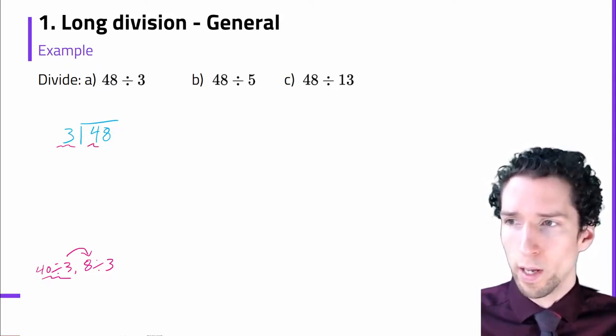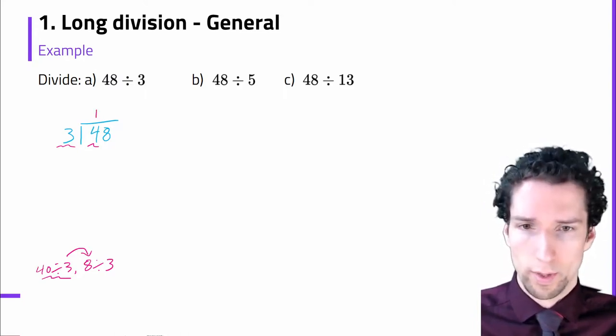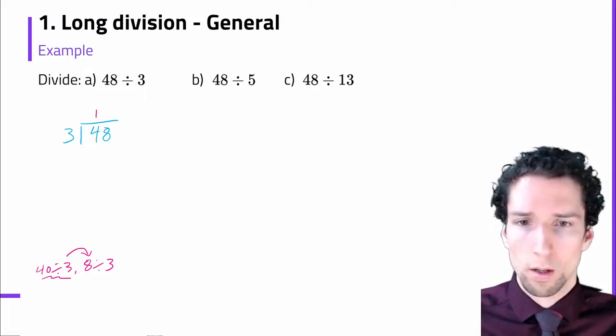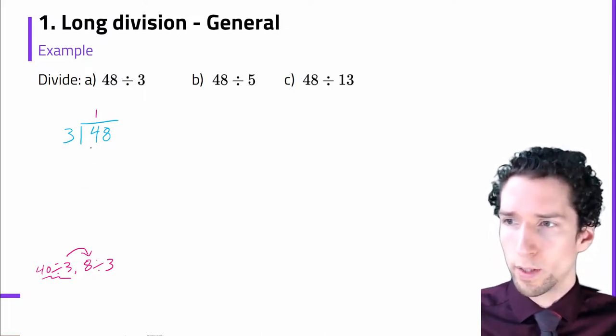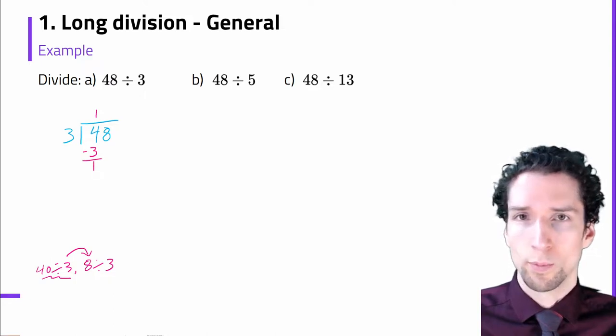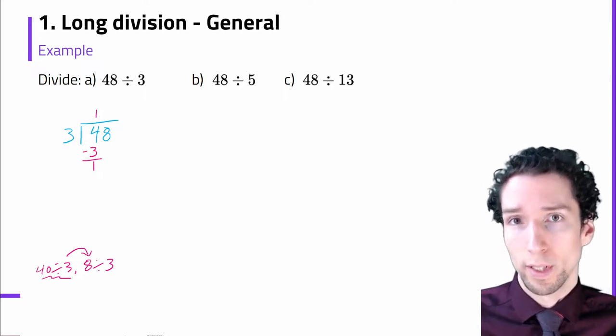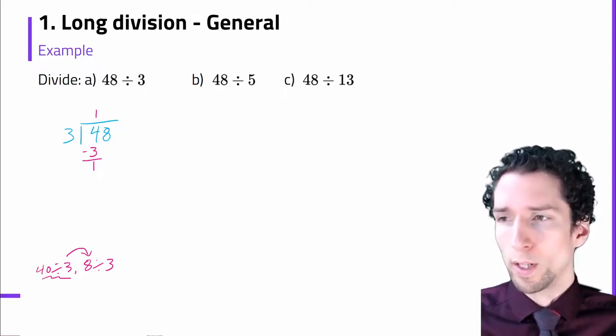Well, 1 time. 1 times 3 would give us 3 here. So it goes in that many times, and our leftover is this 1. This is in the tens position, so really it's 10. So there's 1 left over.